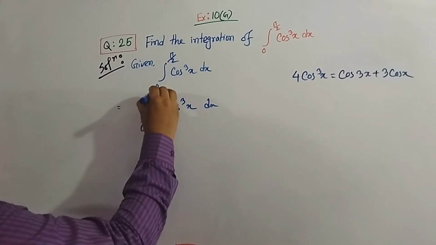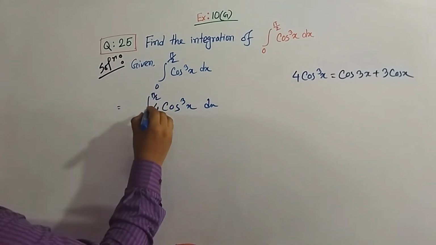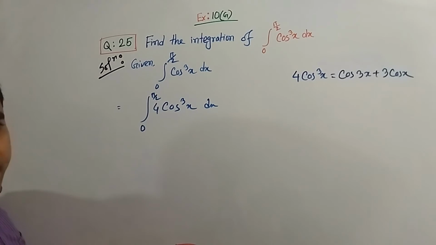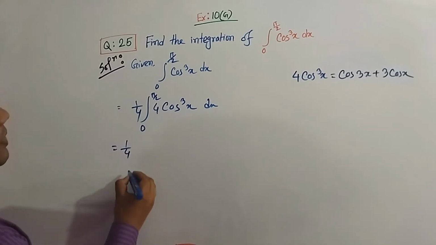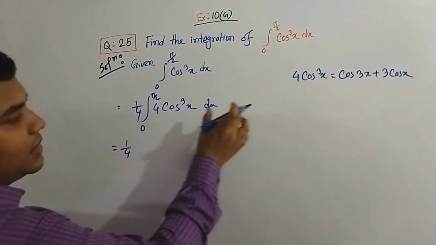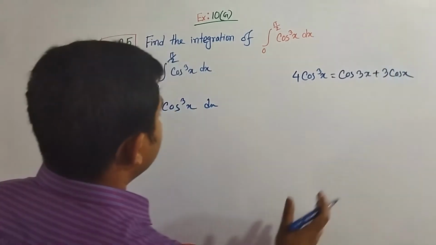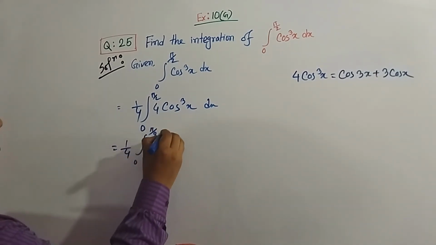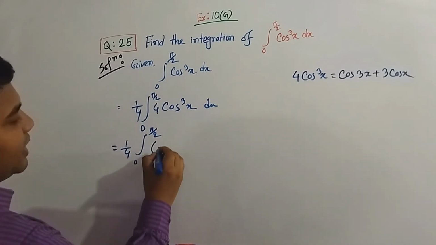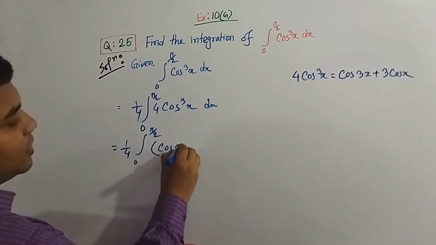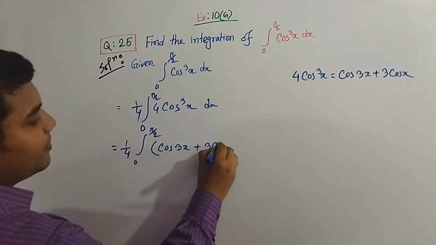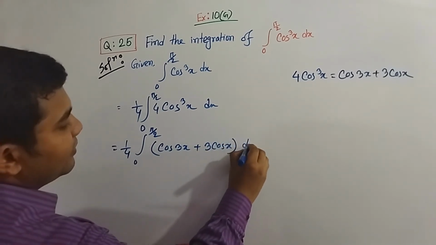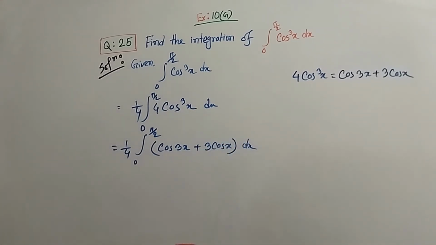Here the limiting values will be there, and since we have taken an extra 4, we'll neglect it by multiplying by 1 by 4. Now 1 by 4, 4 cos cube x is the formula cos 3x plus 3 cos x. So we'll put in the formula, cos 3x plus 3 cos x, and finally dx.